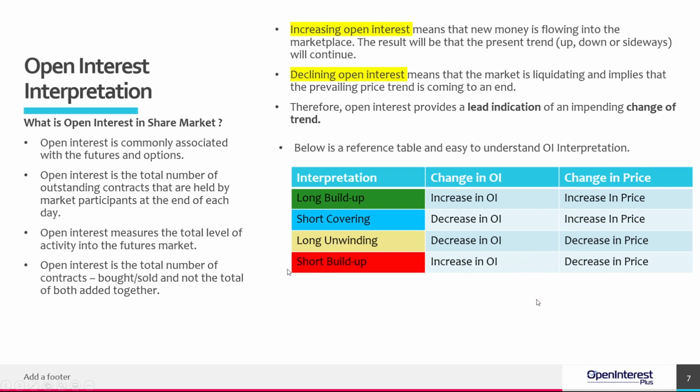The tool will help us decode this information along with other useful information, and help us take a trade, either take up a fresh trade, or continue the trade, or close the trade. It will help us take decisions in taking meaningful trades, right? So this is about the interpretation of open interest.